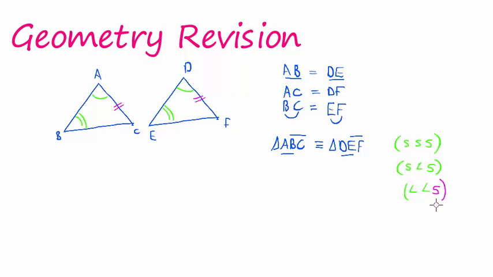These are important, and the reason why I say this is because we're going to do this in one of the proofs. We're going to have to show congruency, so that's why it is an important introduction.